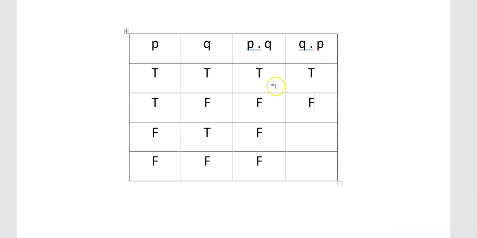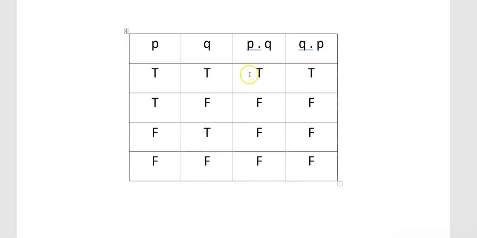So Q dot P is false in the second row, where Q is false and P is true. Similarly, in the third row, Q is true but P is false, so their total conjunctive value will be false. And the last row, since both are false, it will be false again.